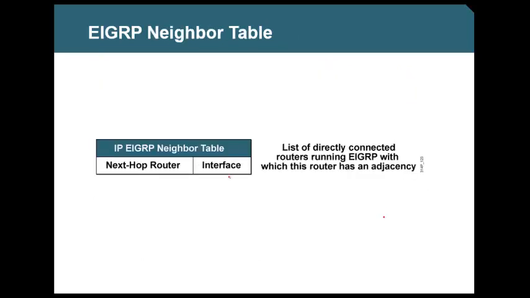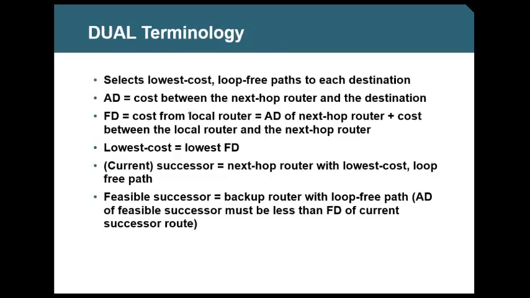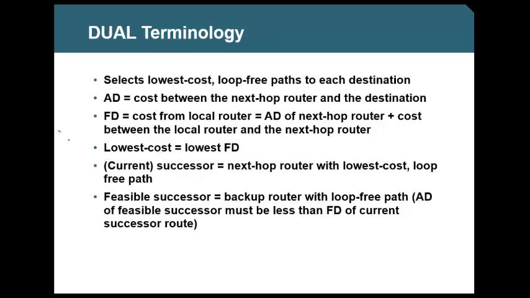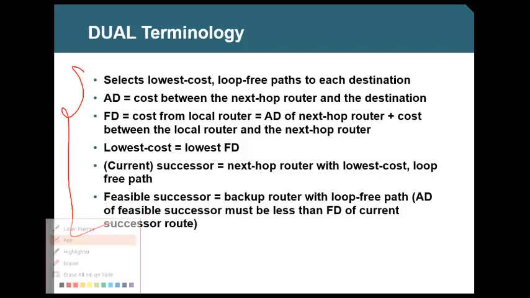We have three tables in EIGRP. One is the neighbor table, which shows the list of neighbors with which the adjacency is established. To understand the topology table, we need to understand this, which we are going to do in detail now. EIGRP selects the low cost path.